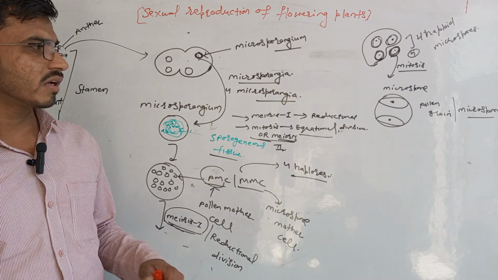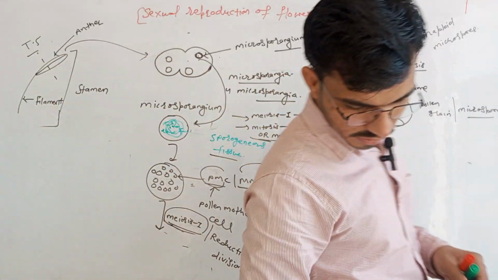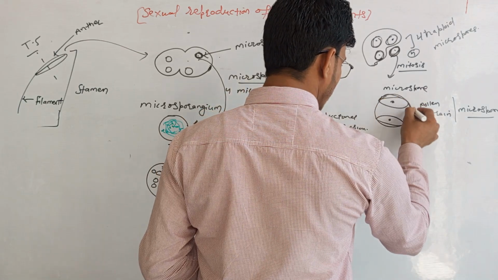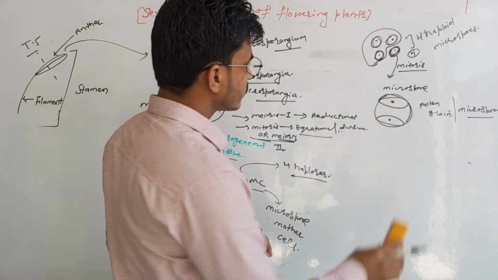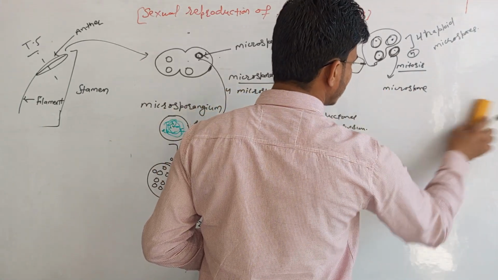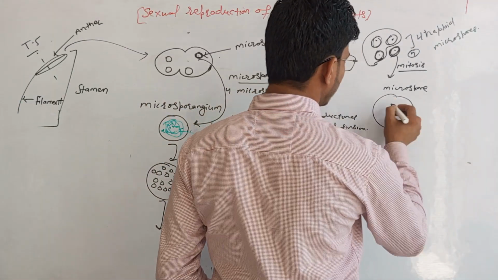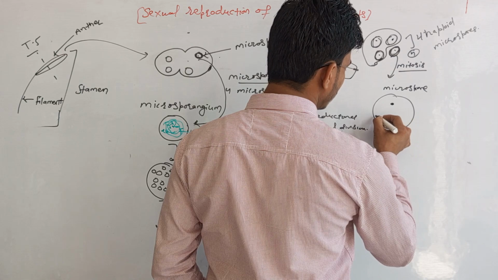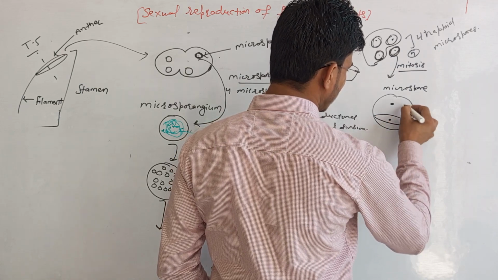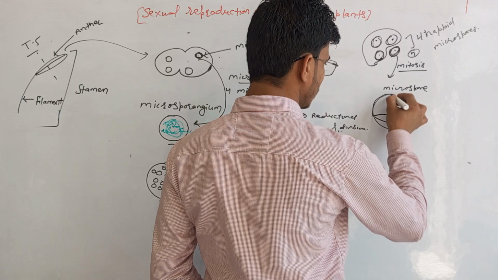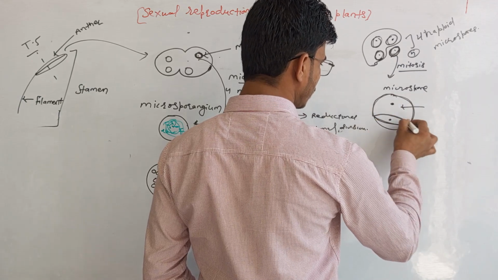Pollen grain or microspore, similar one. There is unequal division. Unequal here is not related to chromosomes; unequal means the division of the cell. One is the smaller cell and the other is the larger cell.